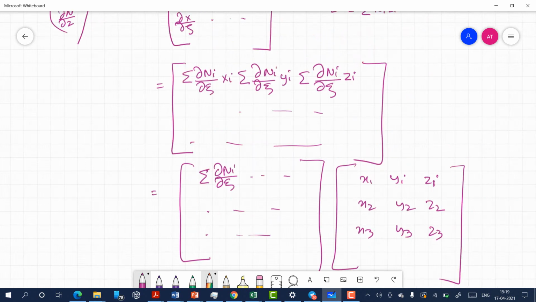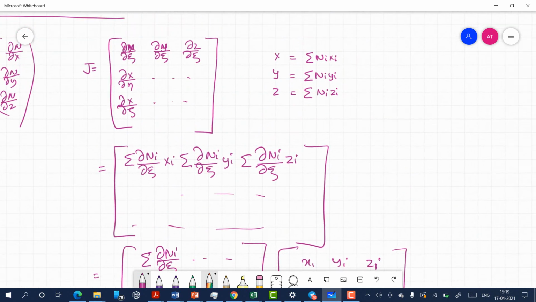So if I have the nodal coordinates, then the coordinate I can write as n1 x1 plus n2 x2 if I have 2 nodes. Yeah, so I'm talking about one coordinate system.